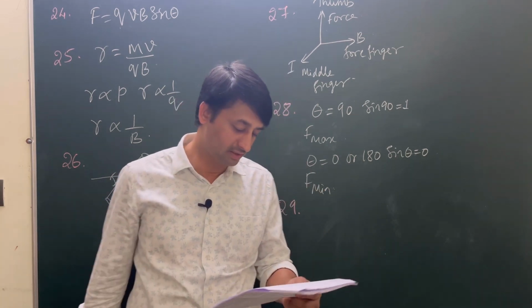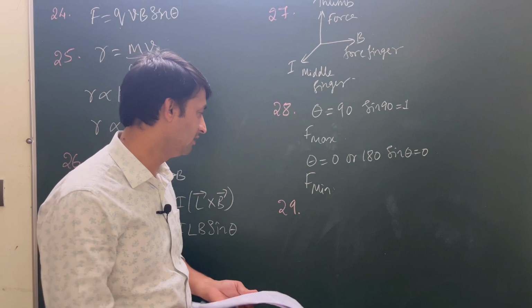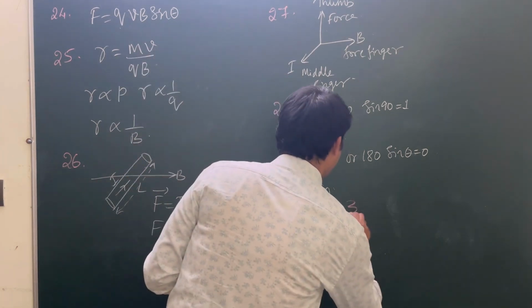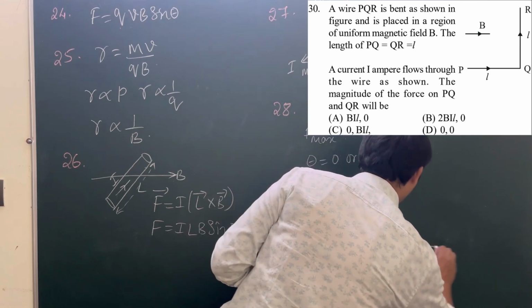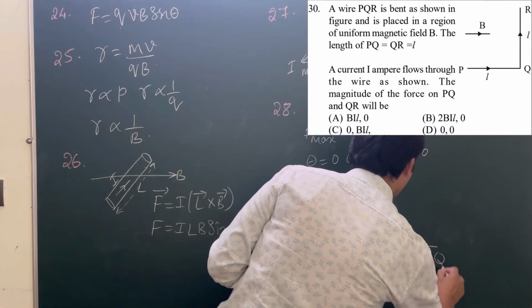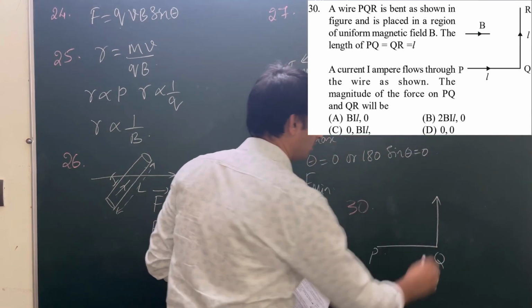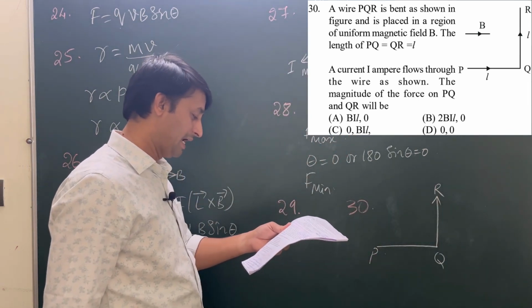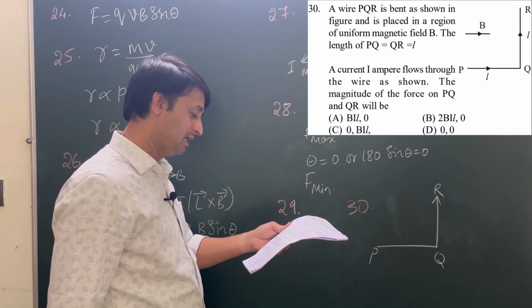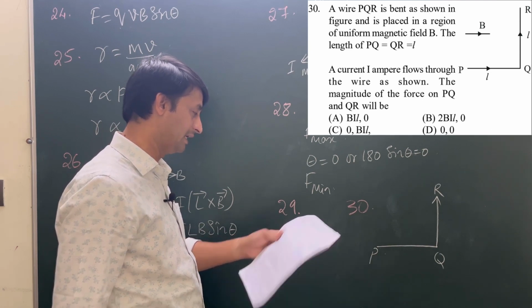Next, question number 30. Let's see what it says. A wire PQR is bent as shown in the figure and is placed in a region of uniform magnetic field.